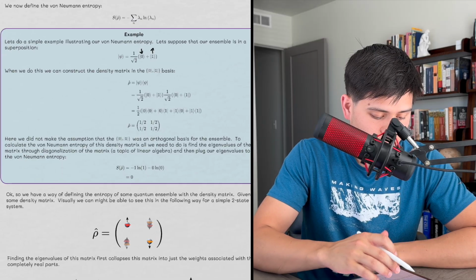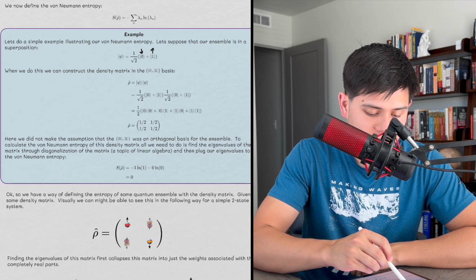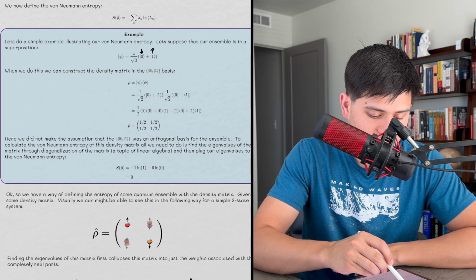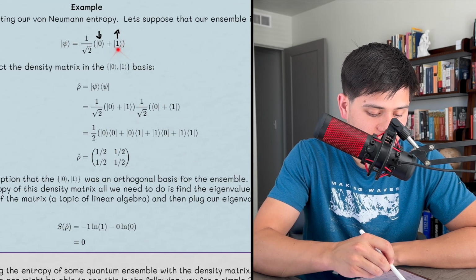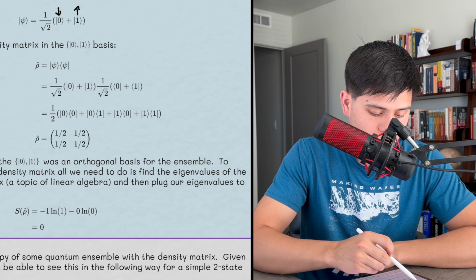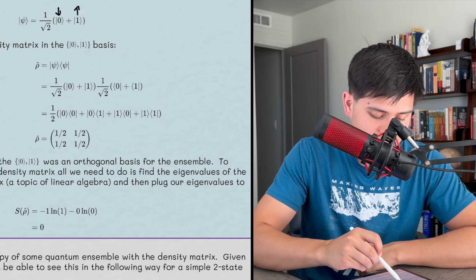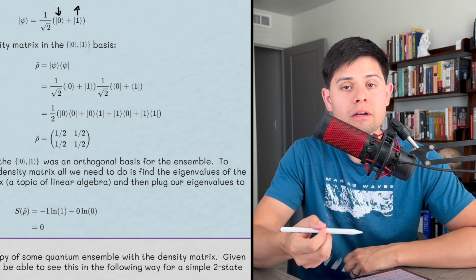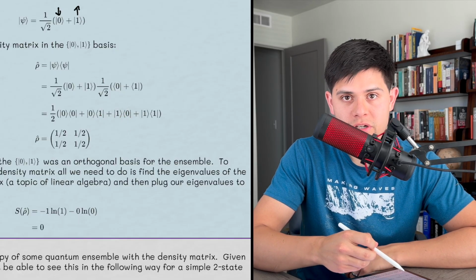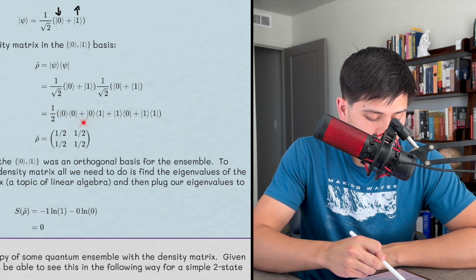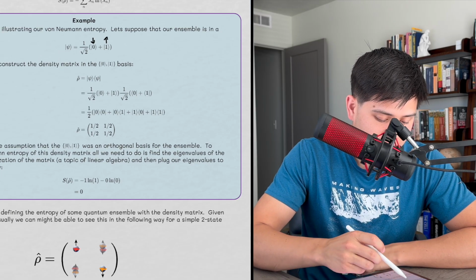So when we do this, we can construct the density matrix in this way, because again, we're saying that this here is the eigenvector, not these guys. And because we're not going to make the assumption that these are orthogonal to each other, we get the density matrix that looks like this.